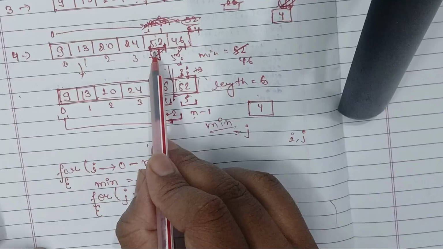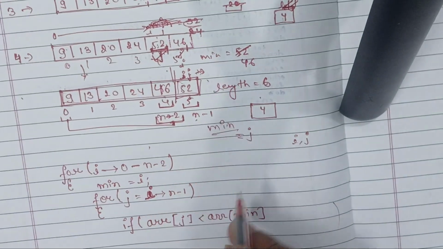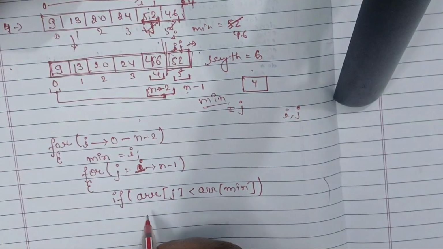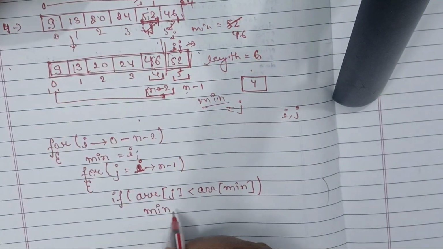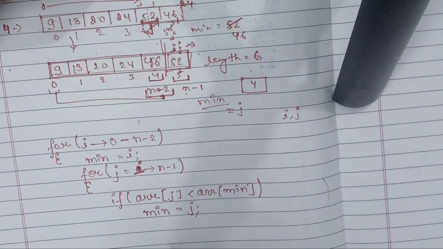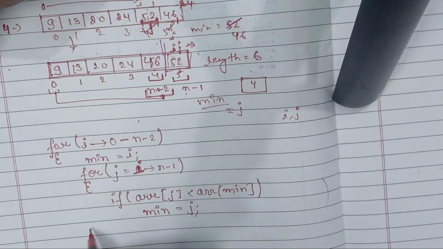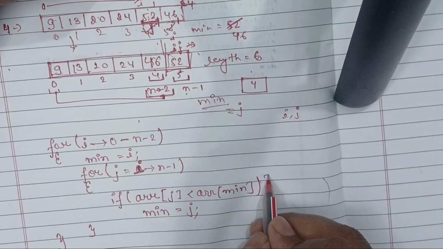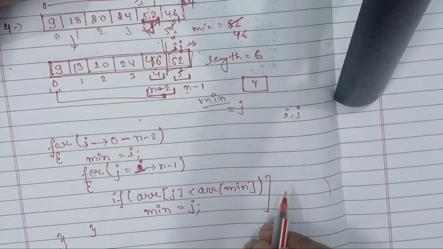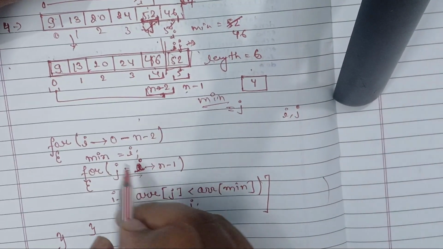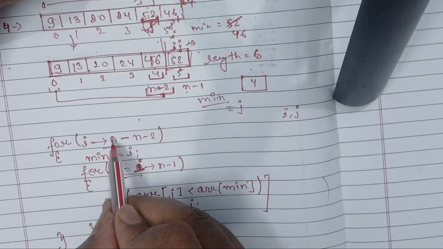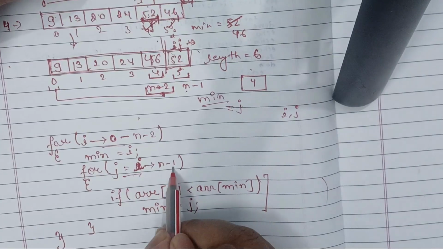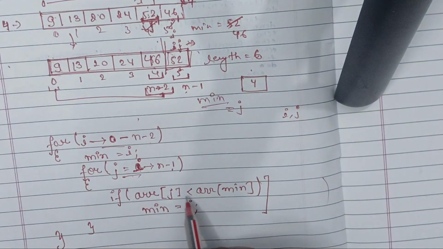If yes, then you update the min index to be j. So this is the entire logic, and you can close both loops, because this is the only thing you have to consider. These two are the main conditions: i traverses from 0 to n minus 2 and j from i to n minus 1, and the main logic is this.